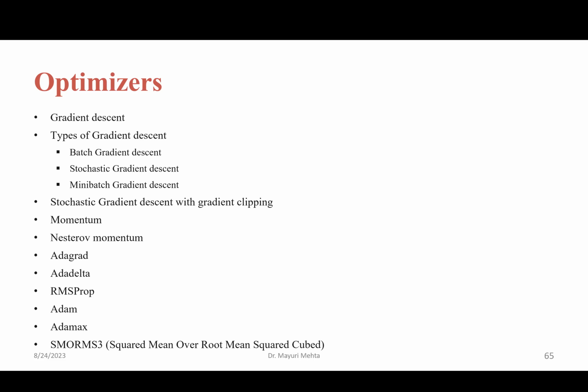Optimization is a very important component of the training process because it involves finding the optimal set of parameters for the model that can minimize the loss, or you can say cost function or error, on the training data. So it is very important. And optimizers are algorithms which are used to find the optimal set of parameters for a model during the training process.